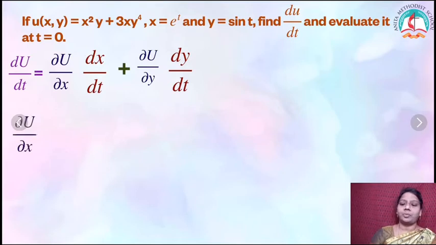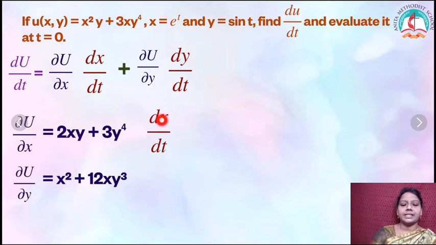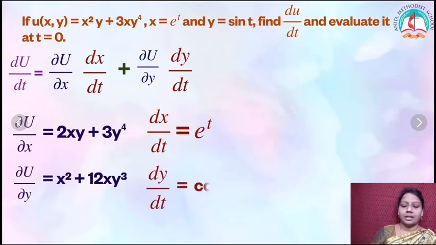First I am finding dou u by dou x. If I am differentiating this, then I will get the result like this. Then dou u by dou y, I am differentiating partially with respect to y. Now we have to find out dx by dt. The differentiation of e power t is only e to the power t. And dy by dt, sine's differentiation is nothing but cos t.